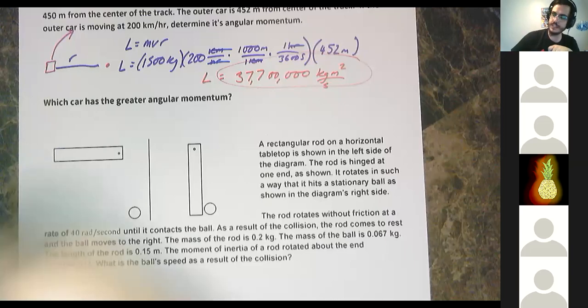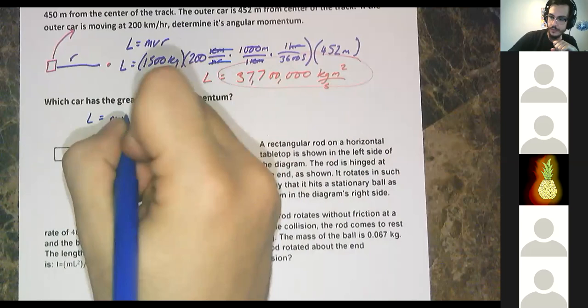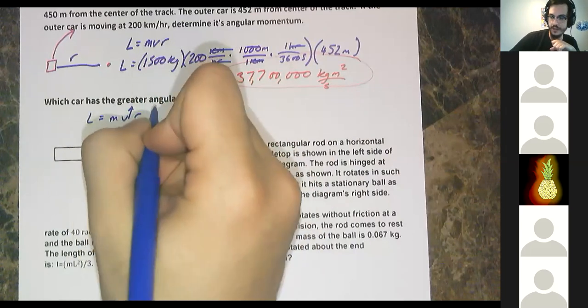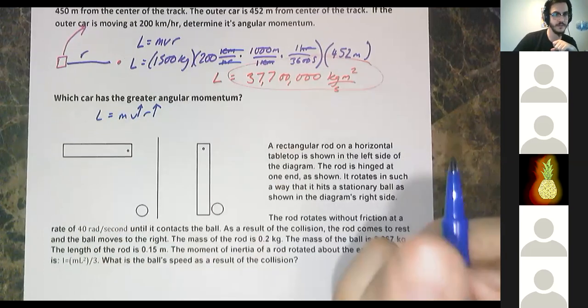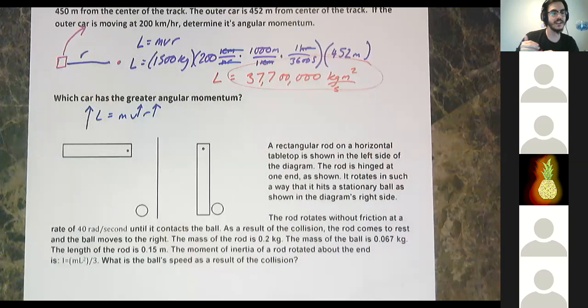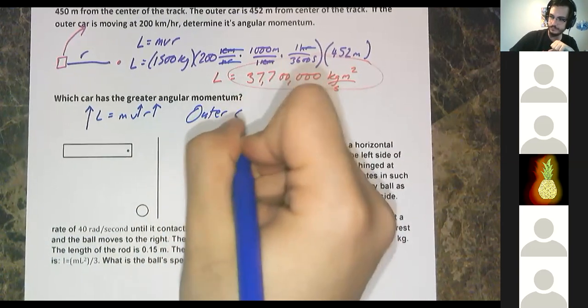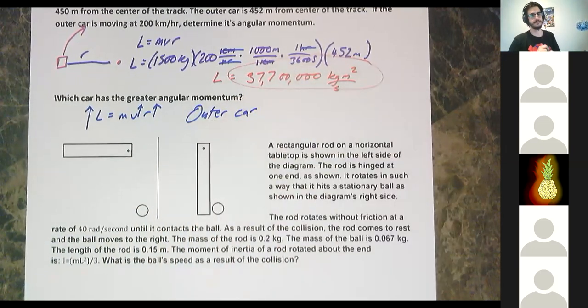So if we take L equals mvr, the outer one has a greater translational velocity and it has a greater radius. Therefore, it's got a greater angular momentum. Even if you ignored that there was a translational velocity difference, you still should have gotten this one just because the radius is bigger.